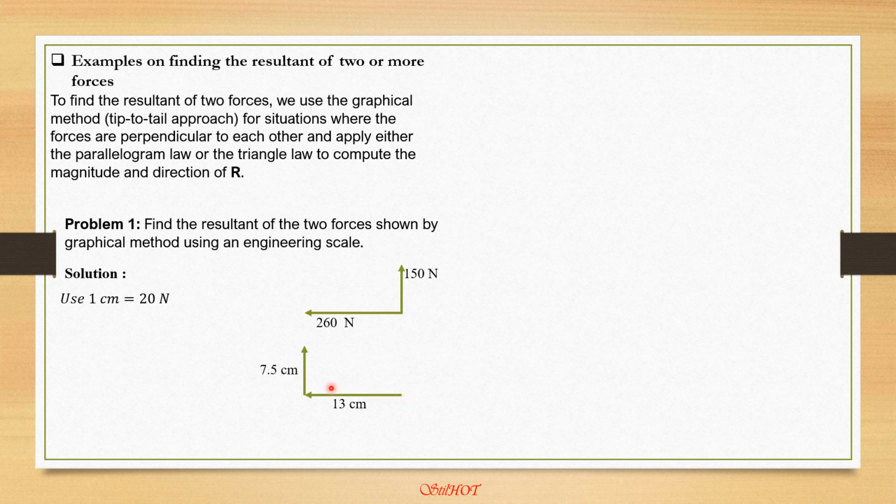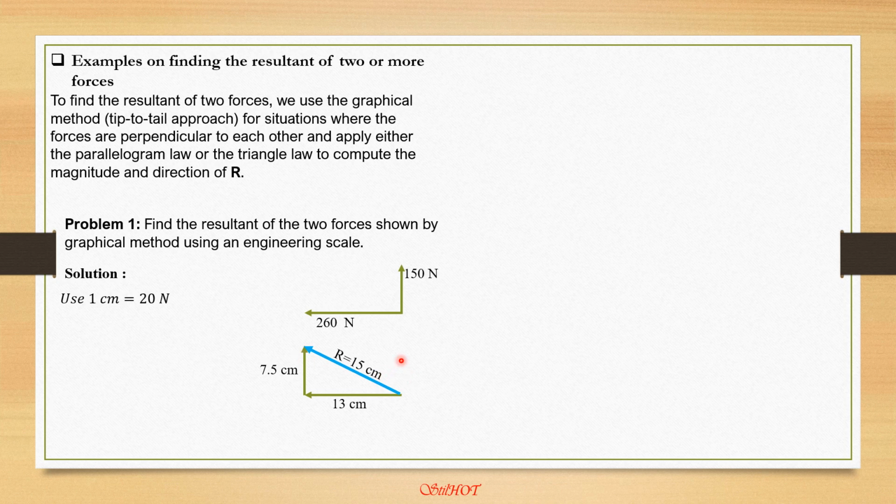This is the first force represented by the 13 cm line, and another line 7.5 centimeters long. Then the line that starts from the tail of the first to the tip of the second is the resultant. Then all you have to do is measure the length of this line using the same scale. After measuring this line, let us say it results to 15 centimeters.